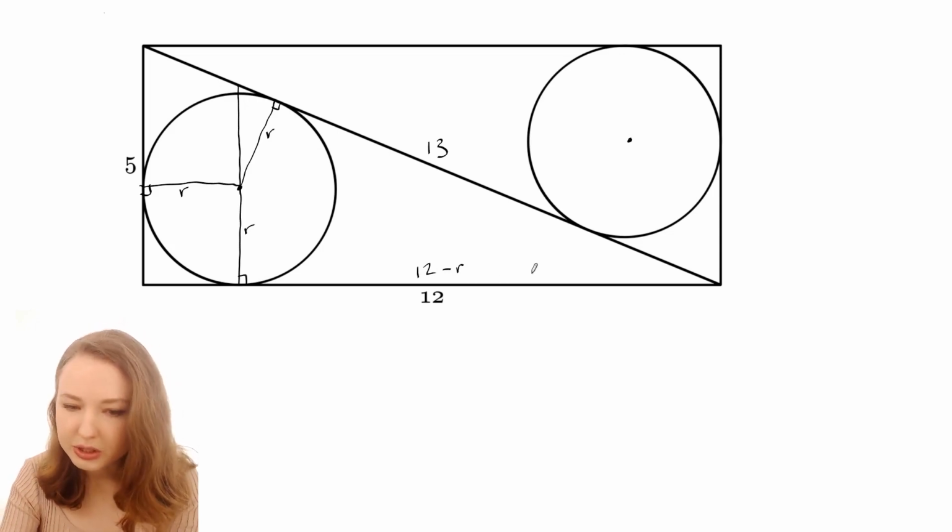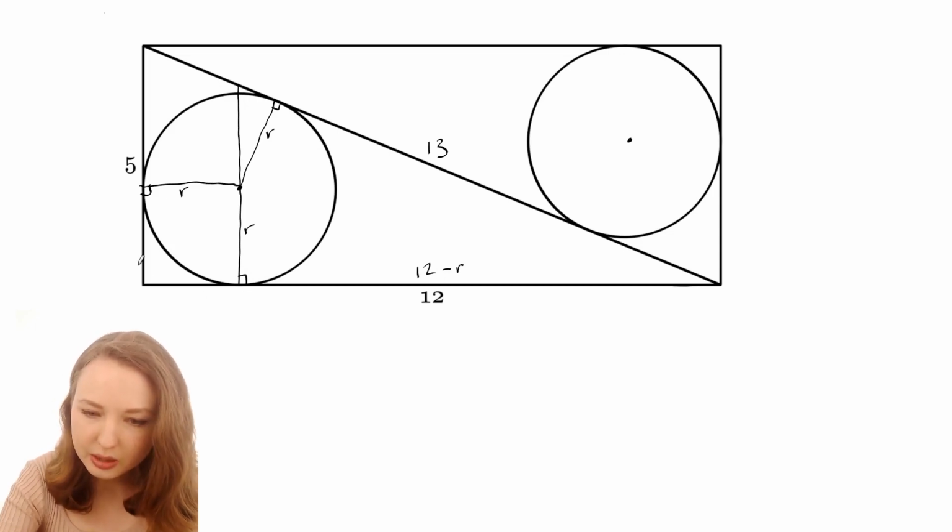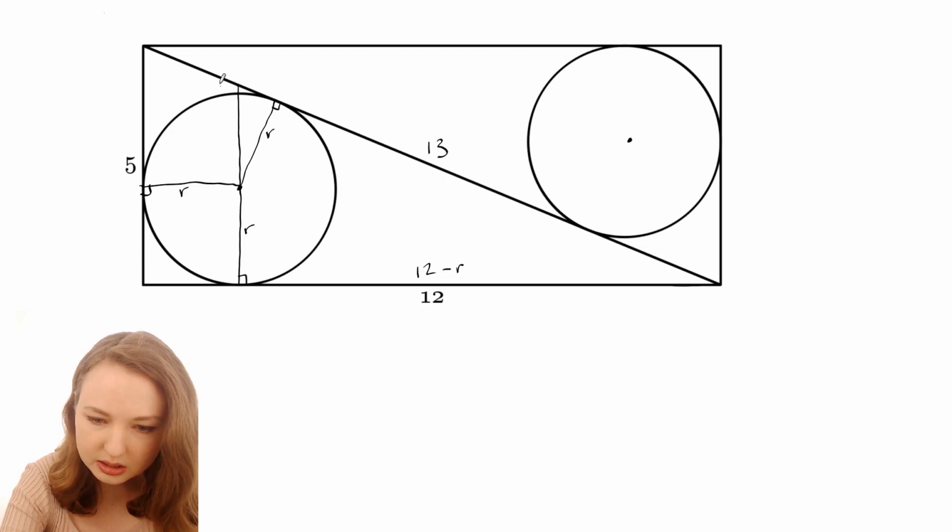And then because the ratio of that side to that side is the same as that one to that one, that means this whole distance here is 5 times that one over 12.